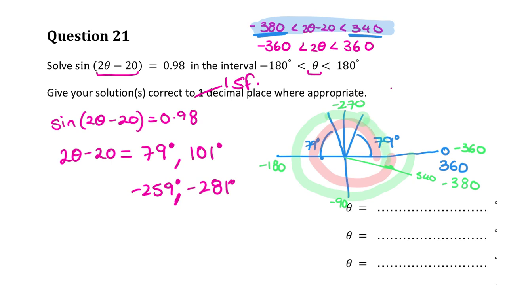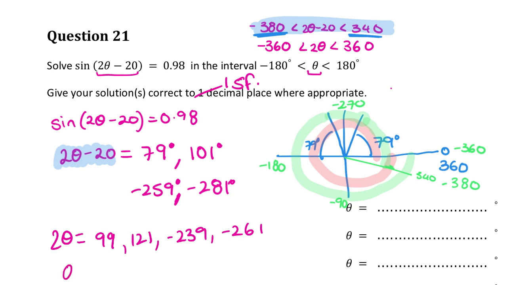So I've got 4 values of my theta, which I now need to actually find what theta is. Currently I have 2 theta minus 20 equals this. Let's find out what theta equals. Okay, so now to find out what theta is, I need to add 20 to everything. So I'm going to get 99, 101, minus 239, minus 261.